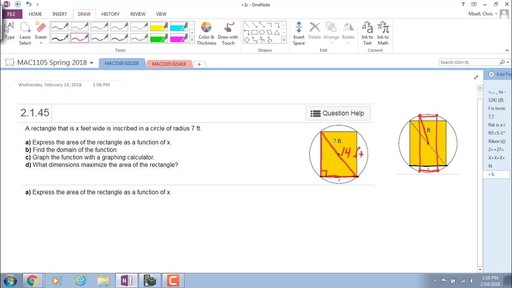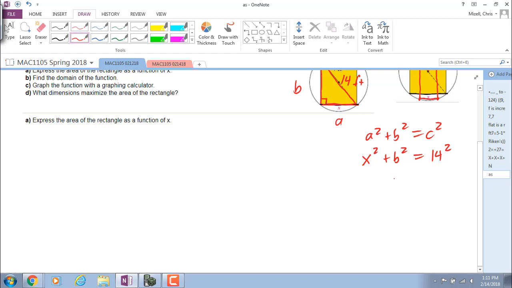So if we call this a, and we call this b, and we call this c, and we say a squared plus b squared equals c squared, the unknown here is b. x squared plus b squared equals 14 squared. b squared equals 14 times 14, that's 196, I think.